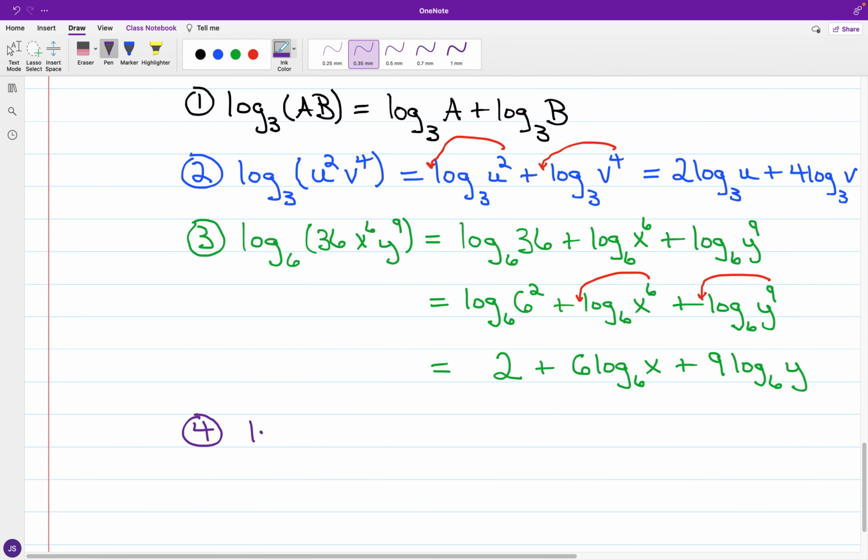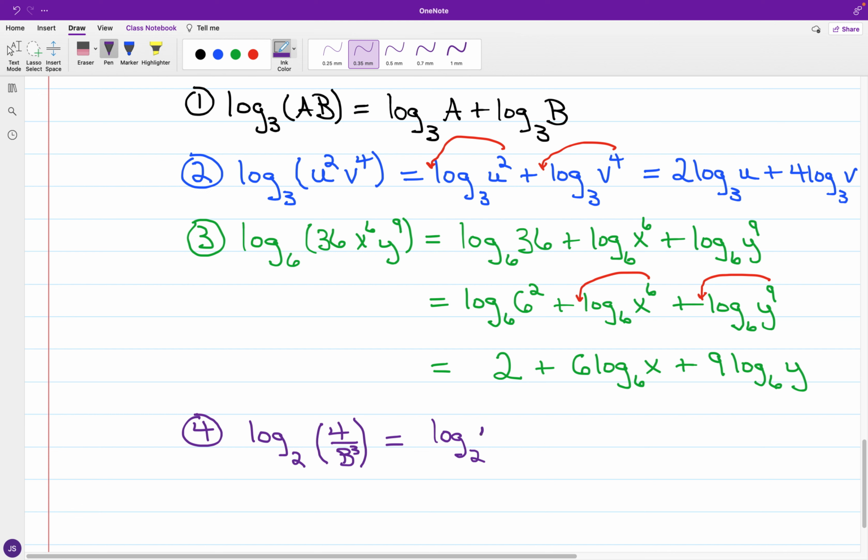Let's say I have the base 2 logarithm of 4 over b to the 3rd. So m is represented by 4, and n by b to the 3rd.